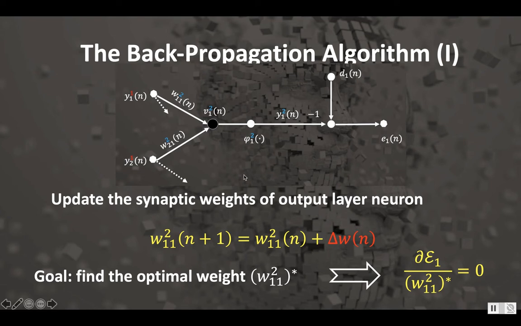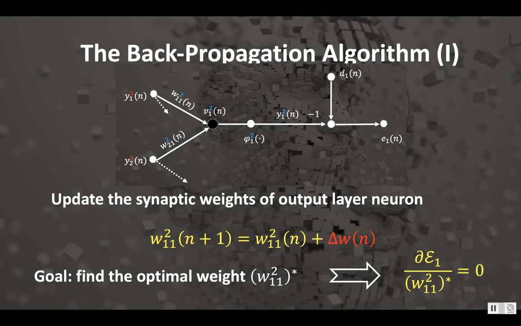The goal here is to find the optimal weight W211. So what is the optimal weight? It means that the derivative of the cost function with respect to W211 equals 0. We use the superscript star to indicate that it is the optimal weight. This is exactly what we did in the previous chapter. We find the optimal weight.